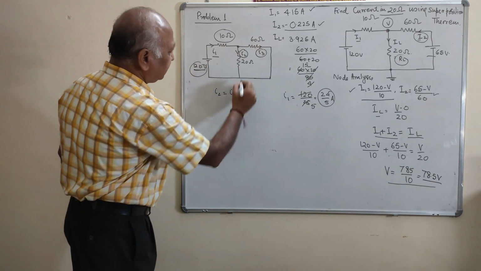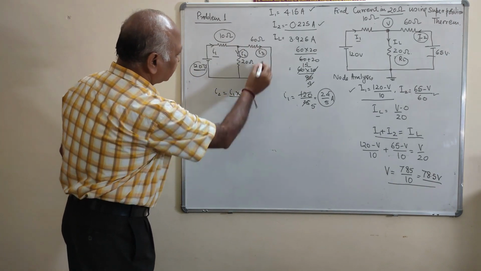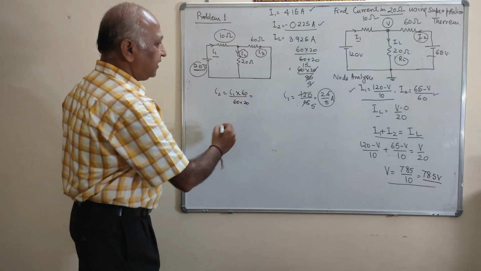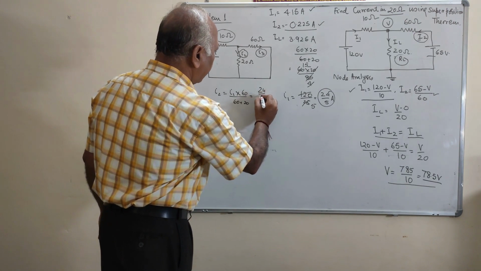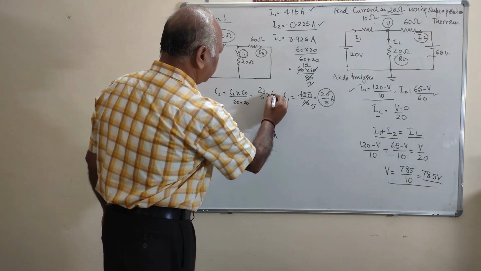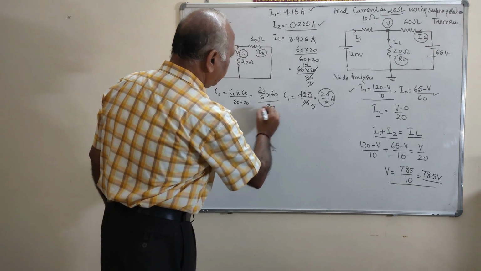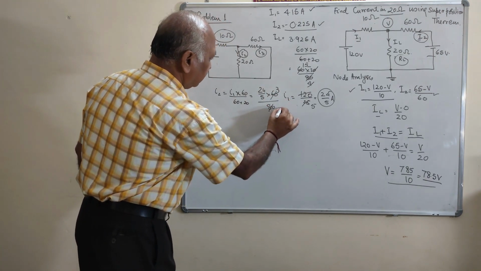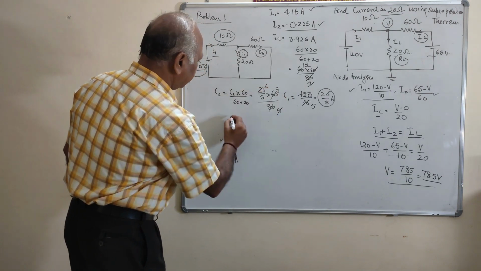The resistance of the other branch is 60 upon the sum of the resistances 60 plus 20. Clear? That is 24 upon 5 into 60 upon 80. Clear? That is I2.